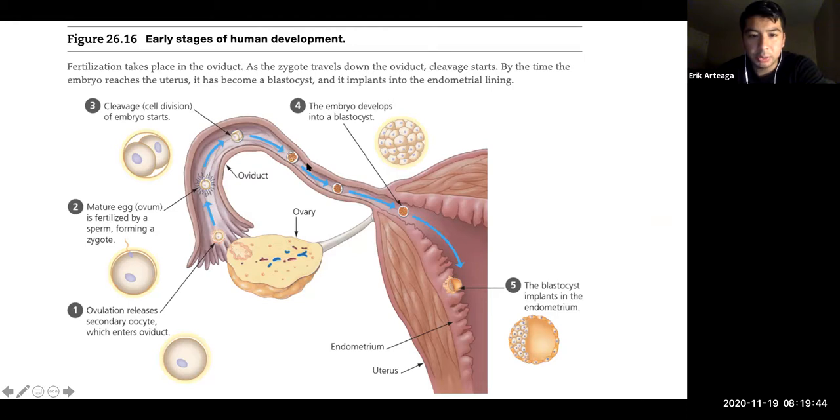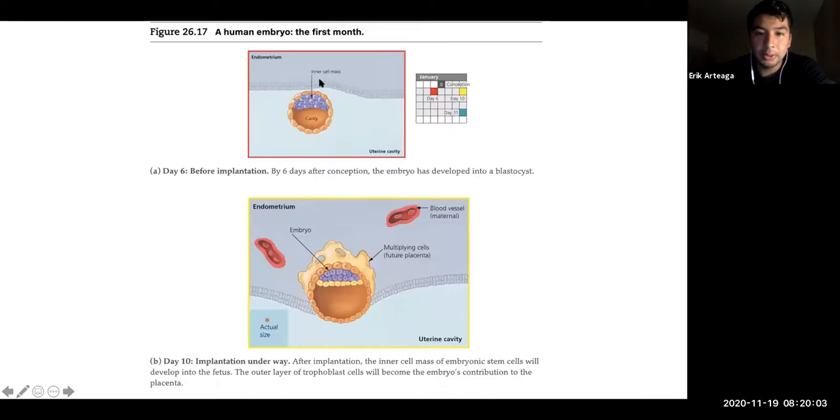Then it has multiple divisions of cells, and the blastocyst is what actually implants in the endometrium, in the uterus. It implants in the rich blood vessels of the uterus, and this is the start of the placenta, the start of the attachment to the mother. Here we have the inner cell mass, and the red occurs at day 6, the implantation.